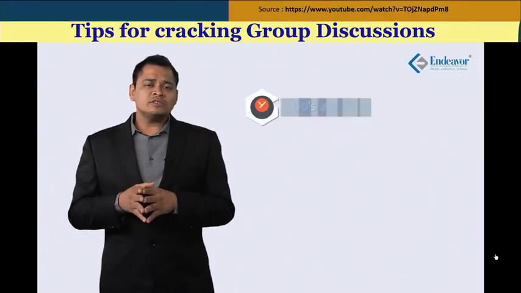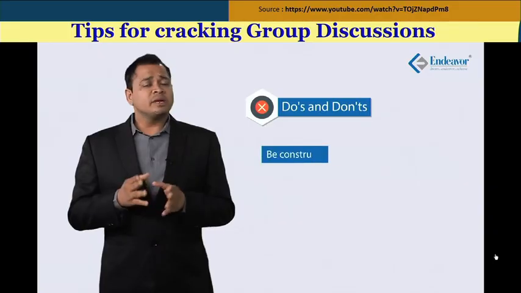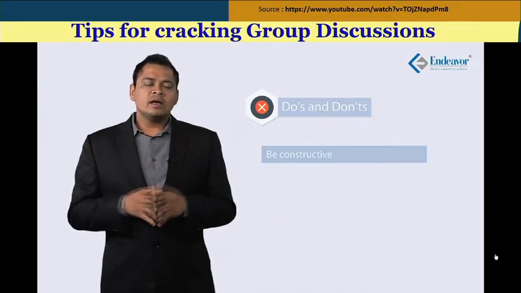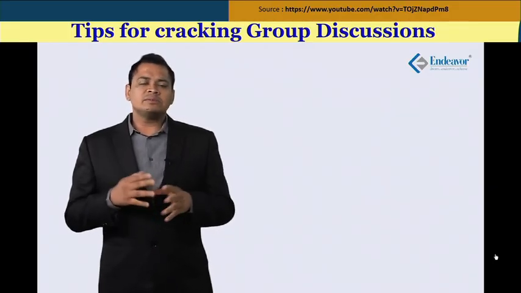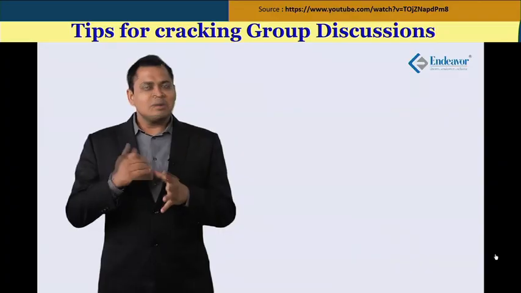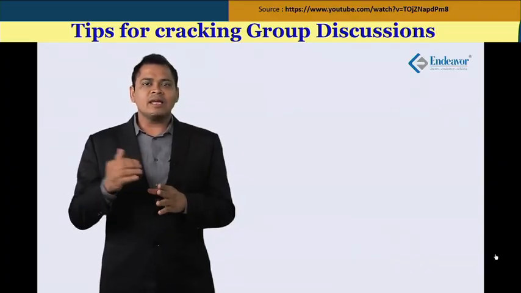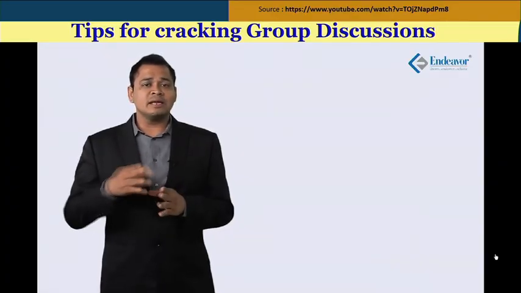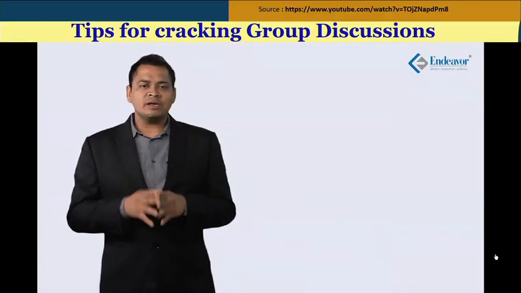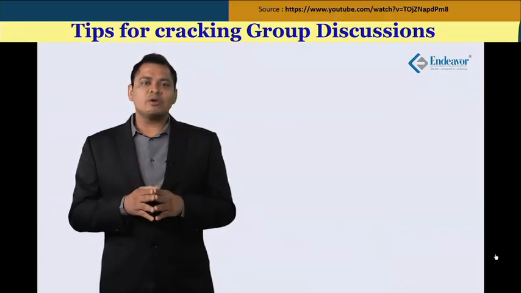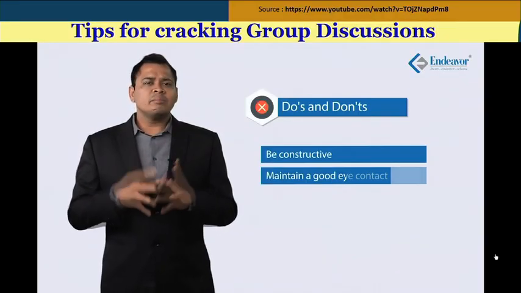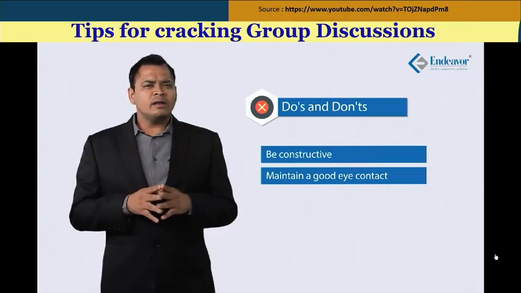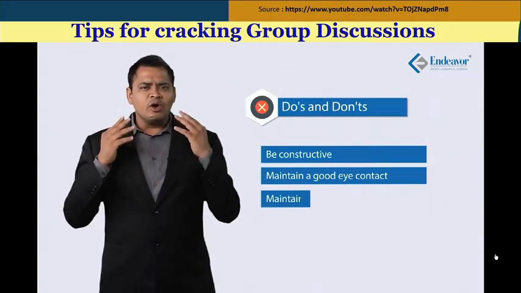The larger do's and don'ts for the GD: try to be constructive throughout the discussion, and avoid a one-to-one. A lot of times when aggression reaches a particular point, you don't think constructively towards the topic, you rather think destructively against a particular opponent. This is where you should stop thinking about a person. Maintain good eye contact, and avoid physical gestures which go beyond your shoulder.